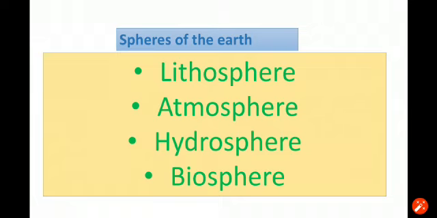Next, we will read the spheres of the earth. How many spheres of the earth? Firstly, lithosphere, atmosphere, hydrosphere, biosphere. There are a total of four spheres of the earth.